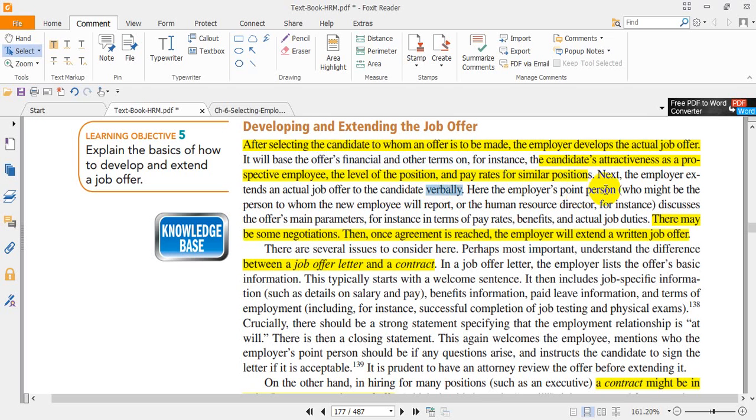Here the employer's point person, who might be the person to whom the new employee will report, or the human resource director, for instance, discusses the offer's main parameters.